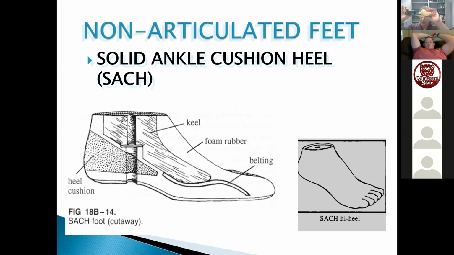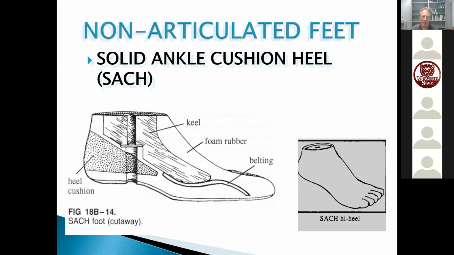Okay, so can you see this here? This is a prosthetic foot that's had a big section taken off of the medial side. Here's the outside, and here's the inside. This is a little more advanced than the SACH foot, but this is also the keel. The keel is what the endoskeletal structure of a prosthesis is called.